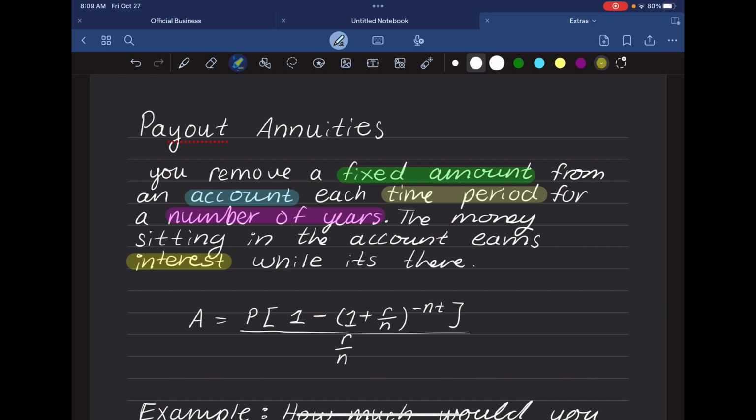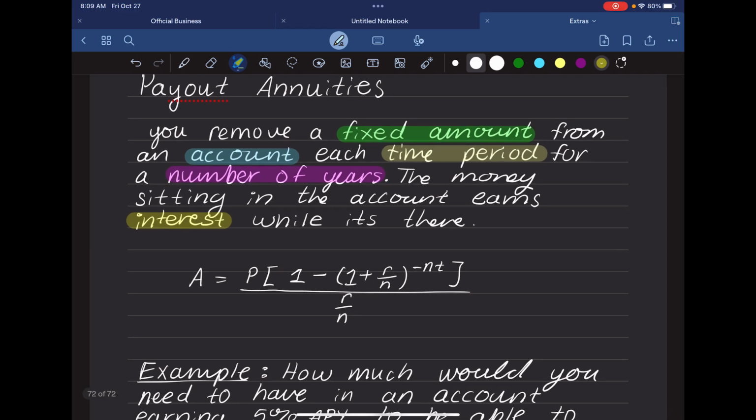So I'm going to highlight these different pieces in this formula. We have that A, which is going to be the original amount of money in the account. So this is like our original account balance. The P here is going to be the amount that you're removing each time period.